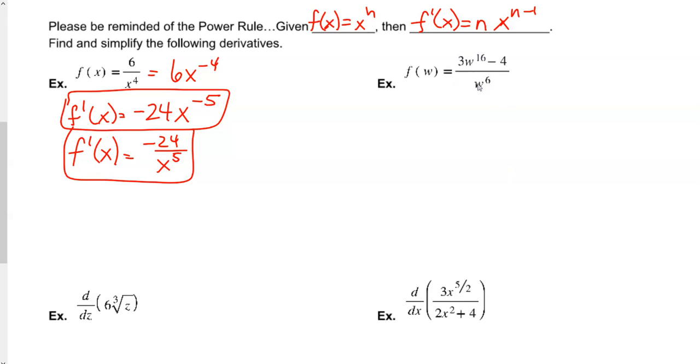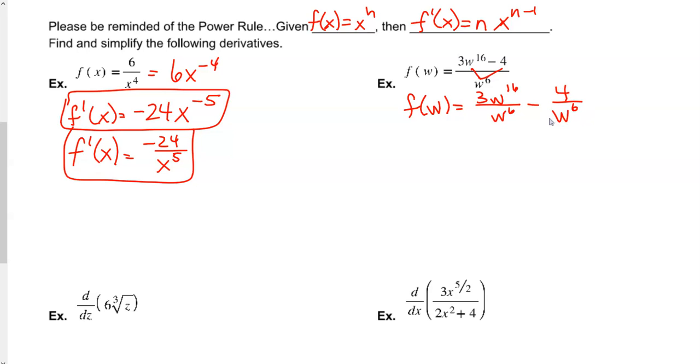Notice with this, yes, you can do a quotient if you want, but you don't have to, because if you recall, whenever I have a fraction like this, if I distribute that denominator to each of the terms in the numerator, you can end up rewriting that function without a fraction. So if I do that, this is 3w to the 16th all over w to the 6th minus 4 over w to the 6th.